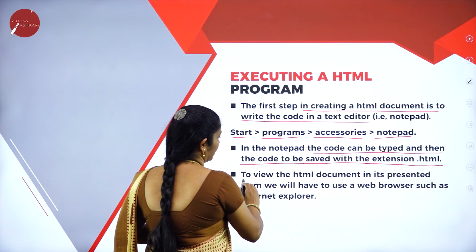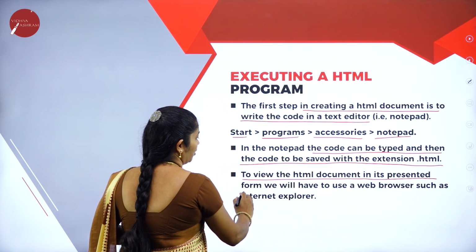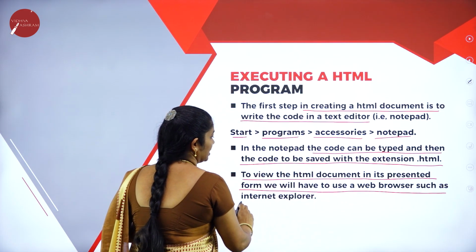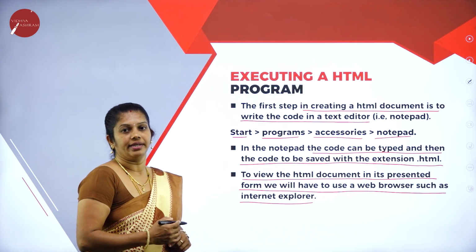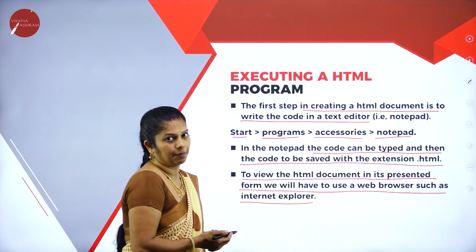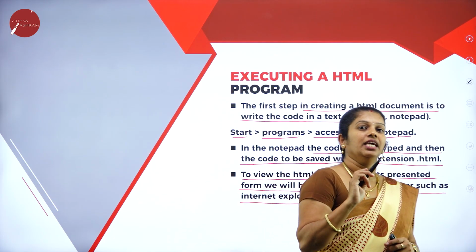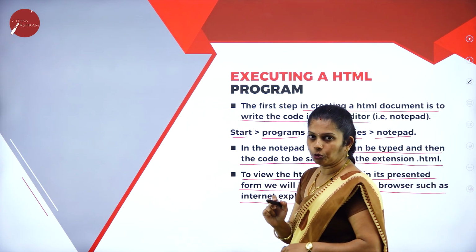Then to view the HTML documents in their presented form, we have to use a web browser such as Internet Explorer. With the help of Internet Explorer, we can run the program. It means that if you want to create any HTML program or any web page, first you have to open the Notepad.